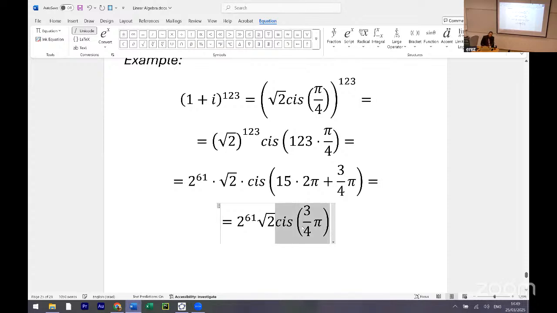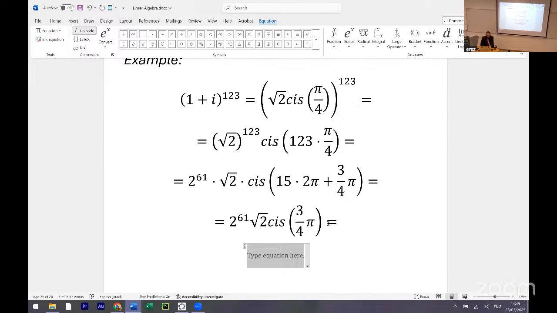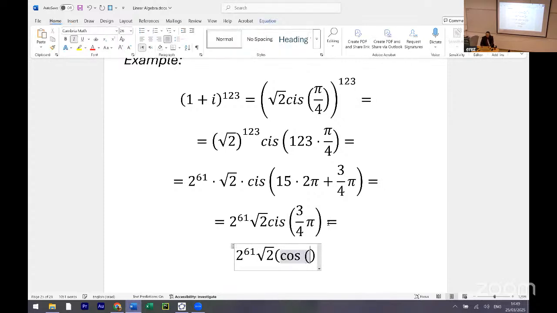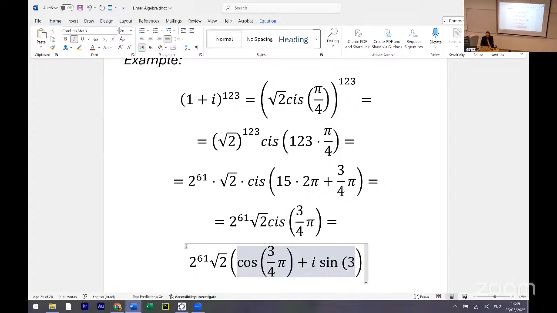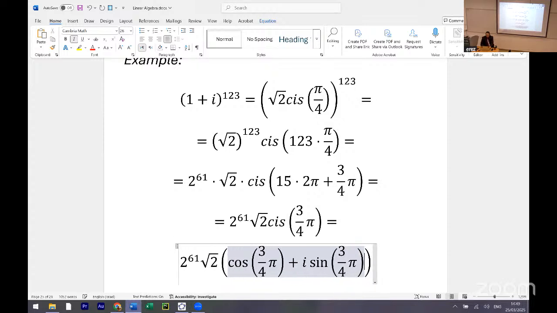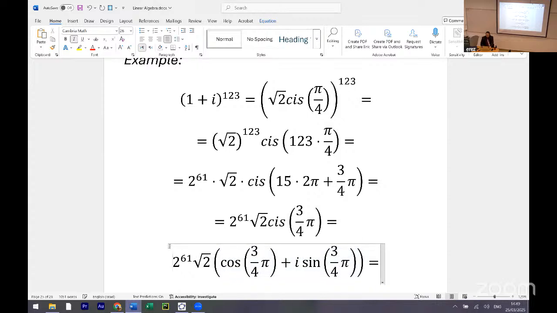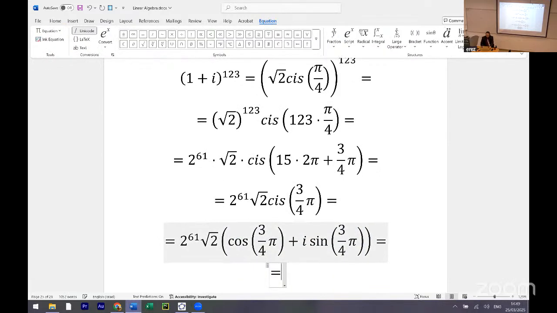But let's use Wolfram. I'll write the first step. I wish to return it to an algebraic form, and then I will use Wolfram. So it's cosine of 3/4 of a pi plus i times sine of 3/4 of a pi. Let's see if we can easily find these values.